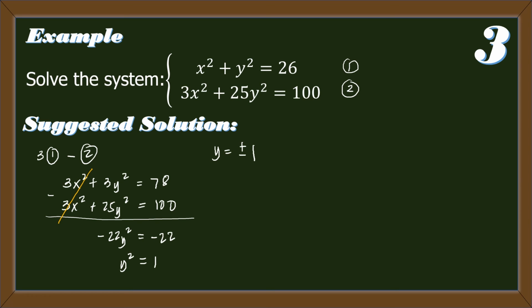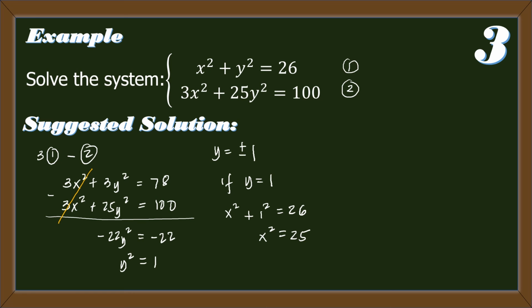Now that we have values for y, we can use this to solve for the value of x. Let us choose the equation of the circle. If y is equal to 1, then we have x squared plus 1 squared equals 26. 1 squared is 1, and subtracting 1 from both sides of this equation, we have x squared equals 25.